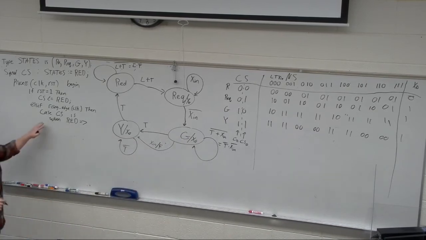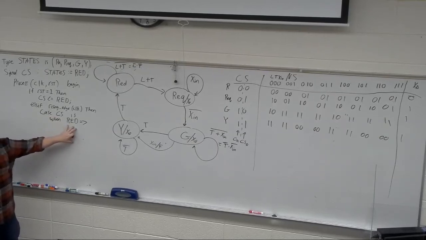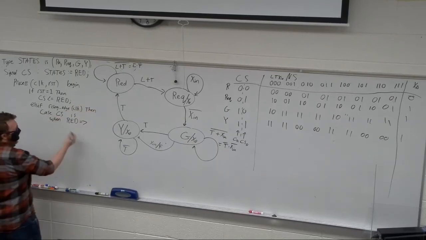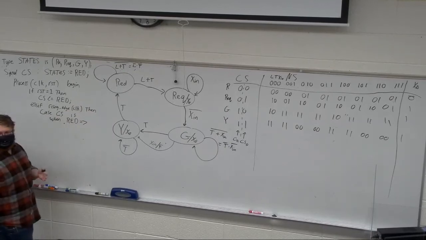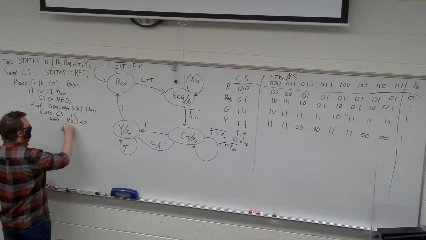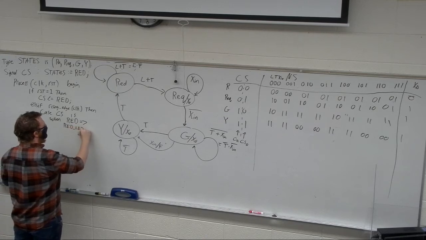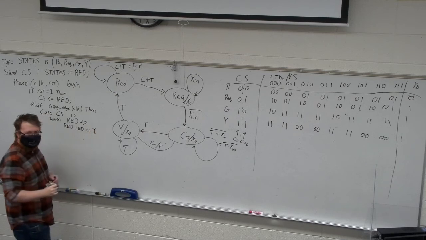Okay, so casing on current state, when I'm red, this is where I do things. I don't have an output signal, but let's say I do. Let's say I have a red LED. Then I would say red LED is 1, it's on.